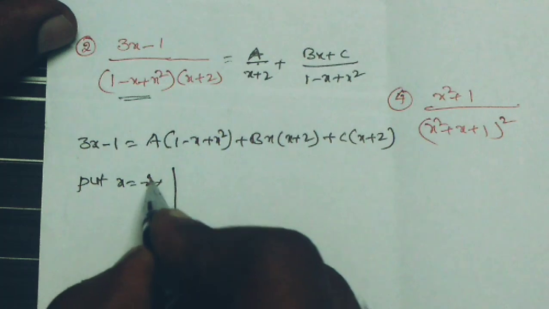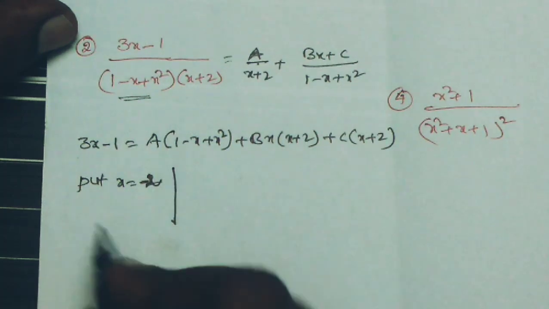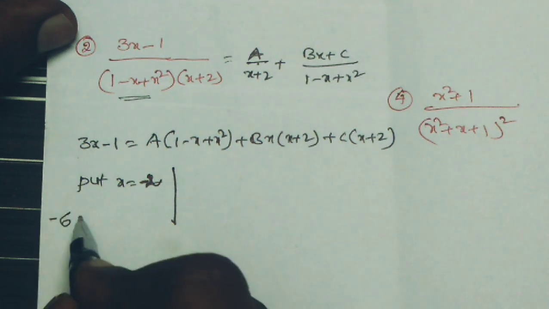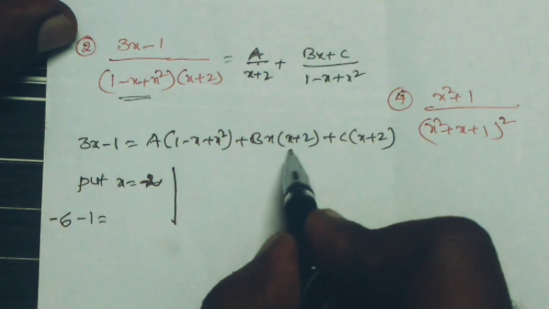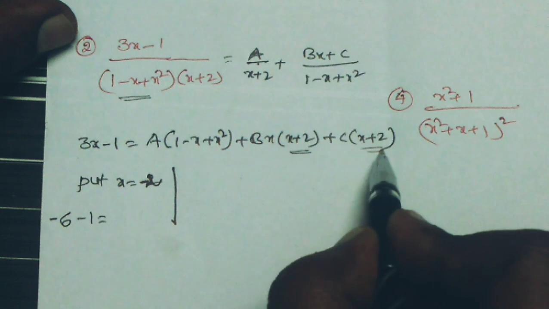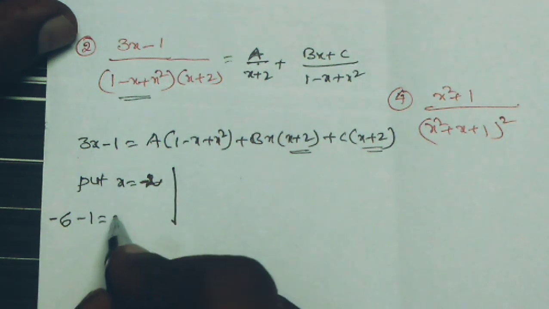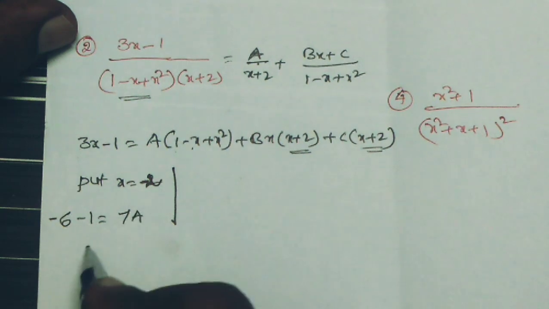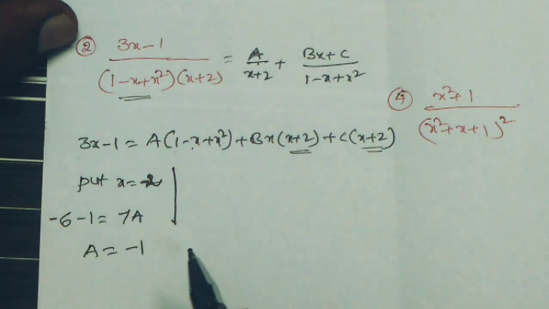What happens if you put x = −2? LHS becomes −6 − 1 = −7, and this x + 2 becomes 0. Therefore a(1 + 2 + 4), that is 7a. So a becomes −1.